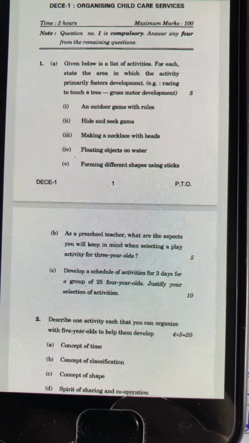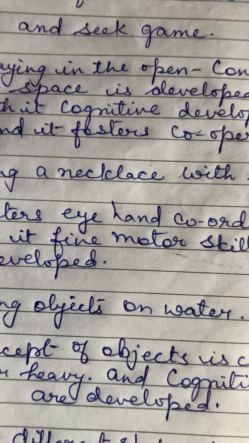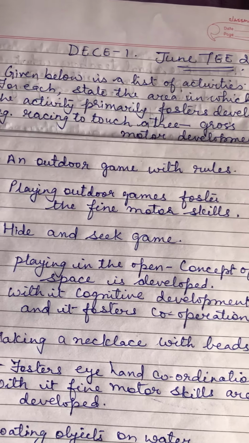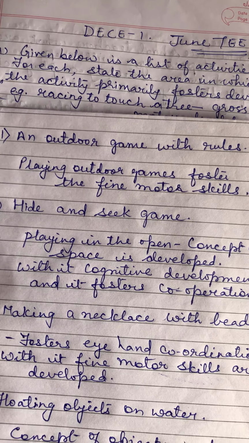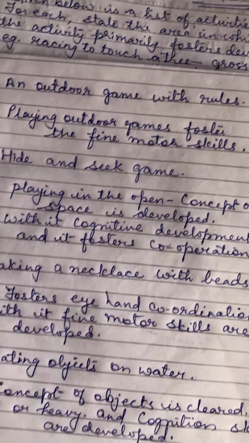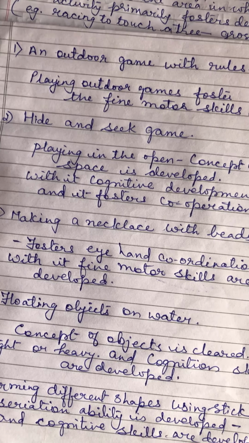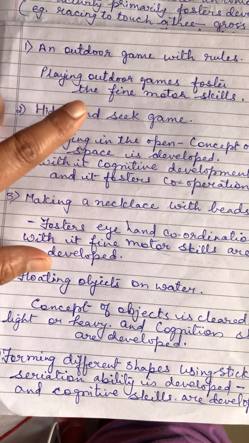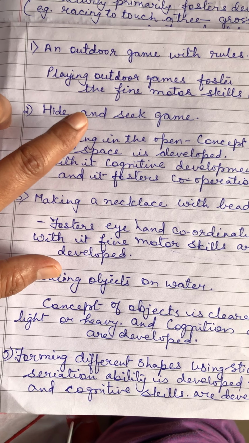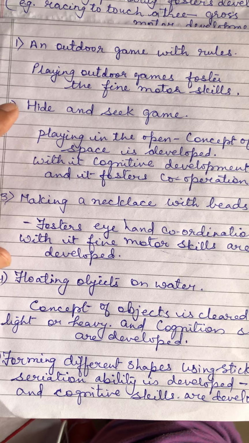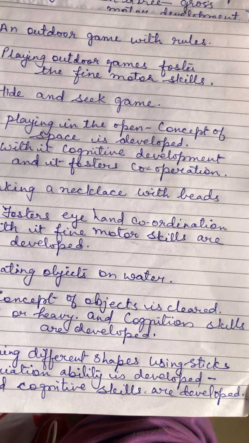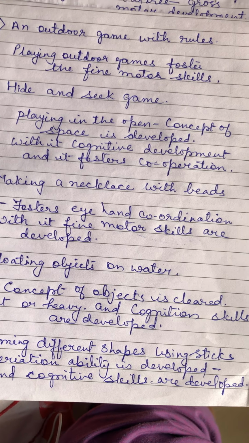an outdoor game with rules. Without rules, if the child is playing outside in the ground, it is gross motor development. But here, an outdoor game with rules fosters fine motor skills, as he learns the rules of the game and plays according to them.